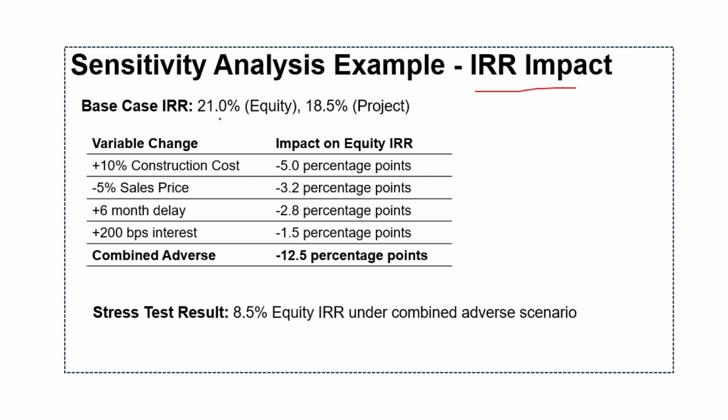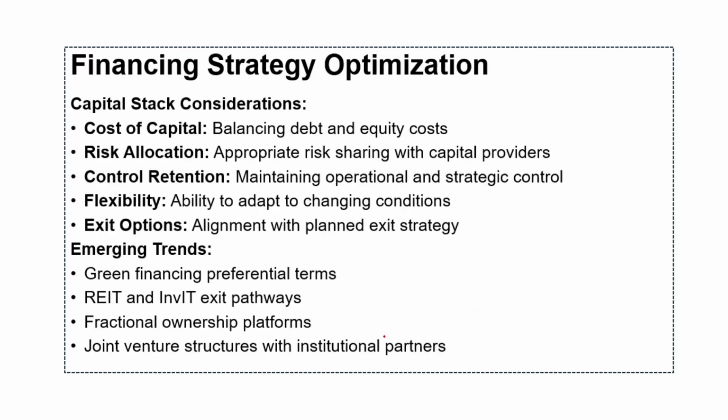Here we are talking about variable changes: plus 10% construction cost, impact on equity IRR minus 5 percentage points, and plus or minus 5% sale price, minus 3.2 percentage points. So that kind of impact we can gauge by taking the adverse conditions and analyzing the impact on our IRR, so that we can have a proper understanding of the risk involved in this project, right?